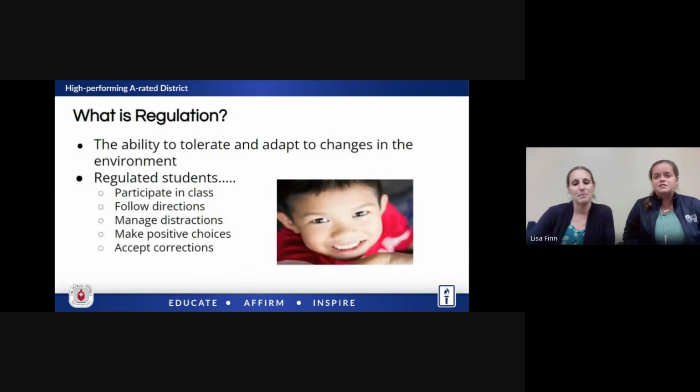All right, so first let's talk about what is regulation. This is the ability for your students and us as adults to tolerate and adapt to changes in the environment. When you're thinking about your students, they're regulated when they're participating in class. They're following your directions. They're able to manage distractions that may be going on in the classroom and make positive choices. They're also able to accept directions.